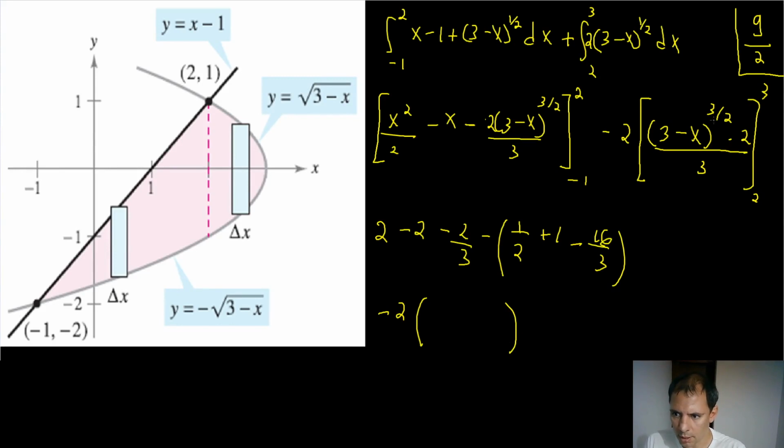And then when you plug in a 3 here, the whole thing is going to be 0. So let's just put a 0. And then you have another minus, and now I'm going to plug in a 2. It's going to be 1 to the 3/2, 1 times 2, 2 divided by 3, 2/3. It's going to be 2/3 in here.